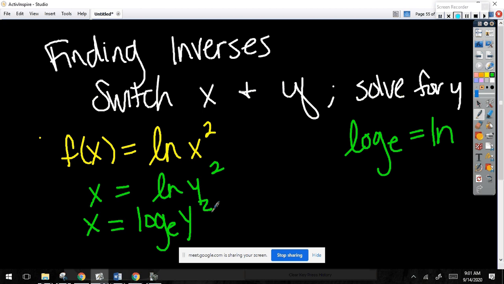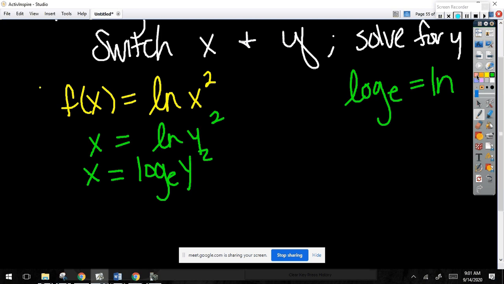Do y'all remember? Change the form. What would this look like if you changed the form? e to the x equals y squared. And then you just square root. Right.